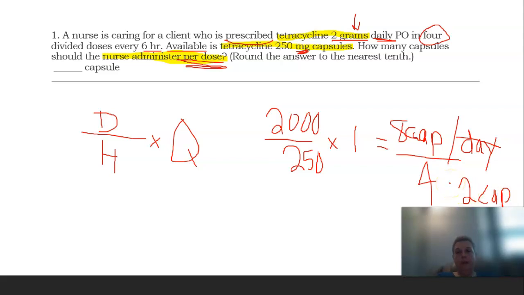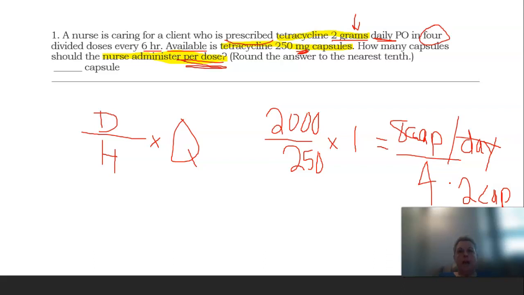Okay? 2 capsules would be 500. 500 times 4 would indeed equal my 2,000 a day. So I want to go back and make sure that I am taking care of everything in this problem and not just going too fast. Okay?